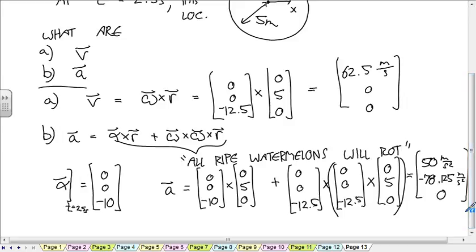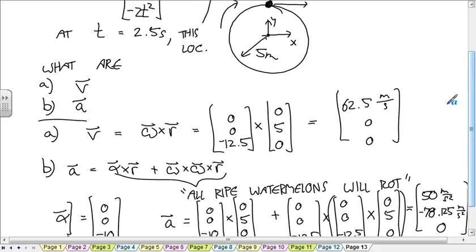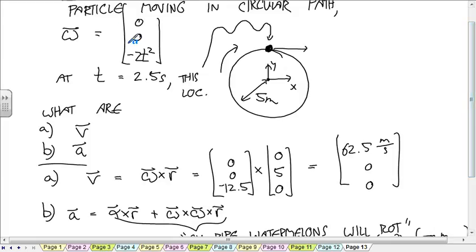So yes, you have to do these two together first, and then do that last cross product last. So does the direction of this acceleration vector make sense? We know that it's moving in the clockwise direction.